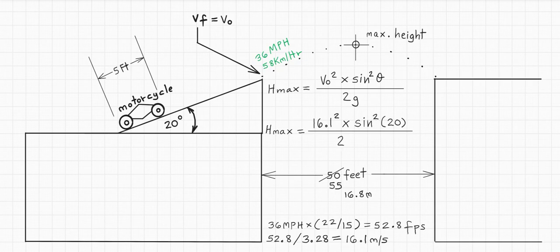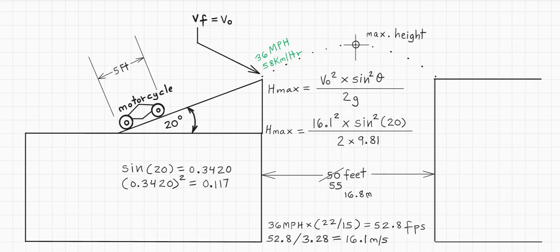So the way to calculate this sine squared theta is to take the sine of 20 as you would, so 0.3420. Then we take the sine of 20, 0.3420, and we square this value. This becomes 0.117.